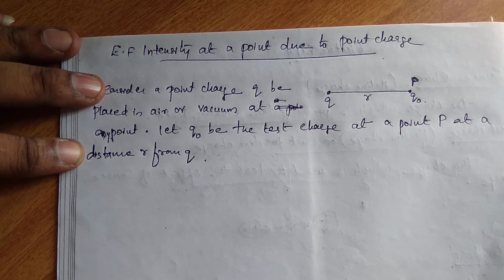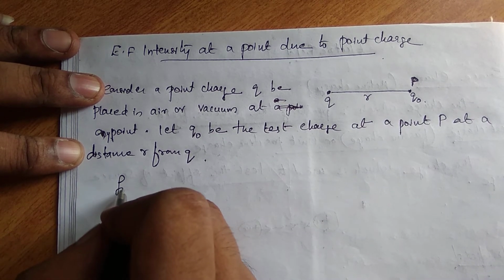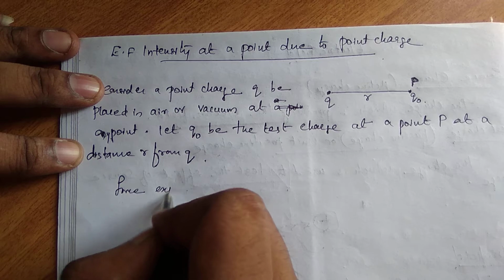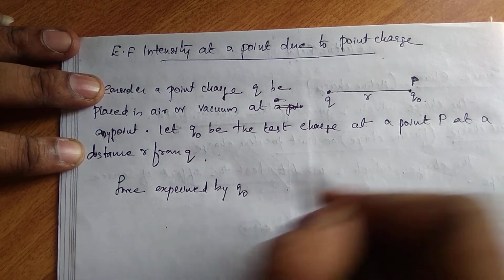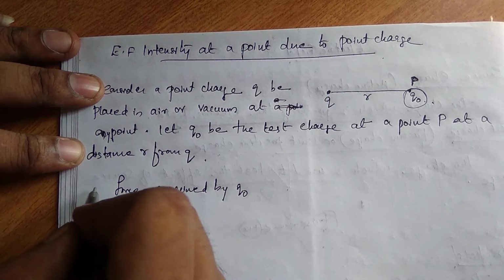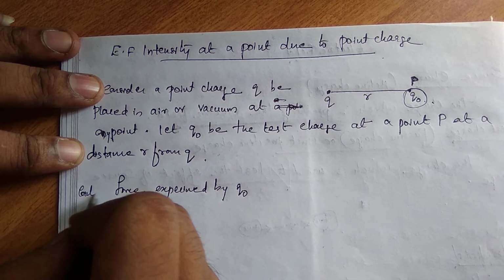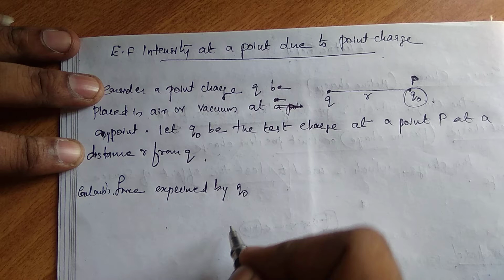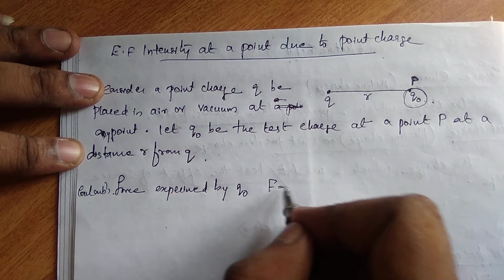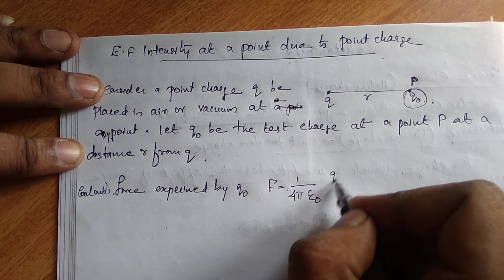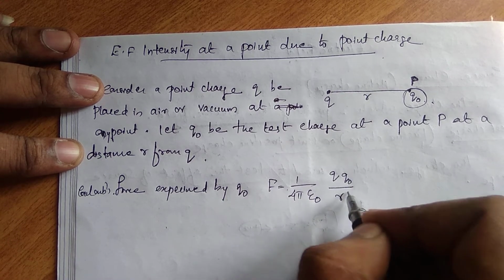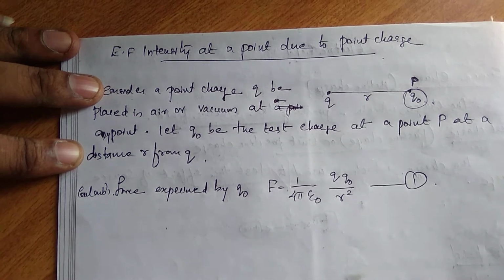Then the force experienced by Q0 is Coulomb's force, F equal to 1 by 4 pi epsilon 0 Q Q0 by R square. Take this as equation number 1.